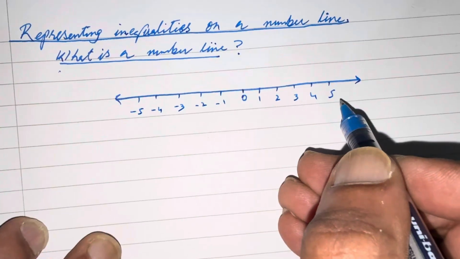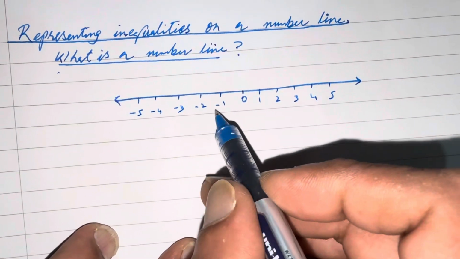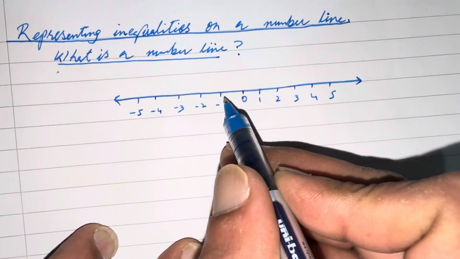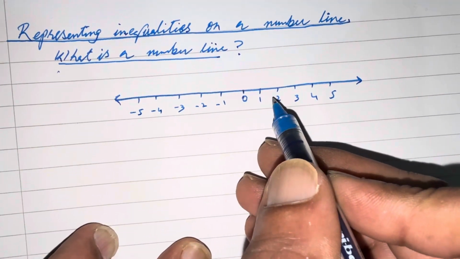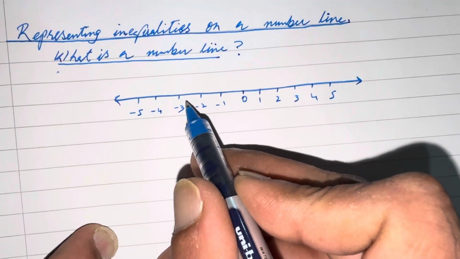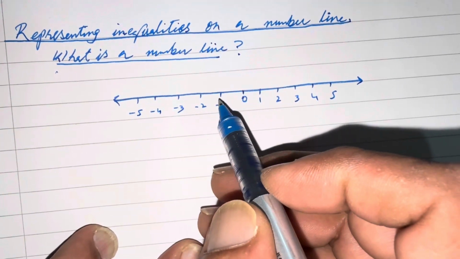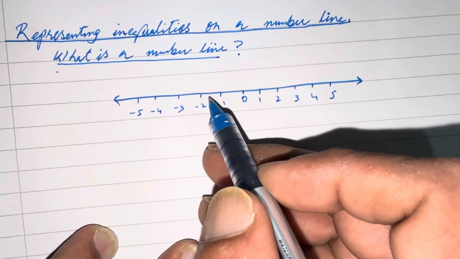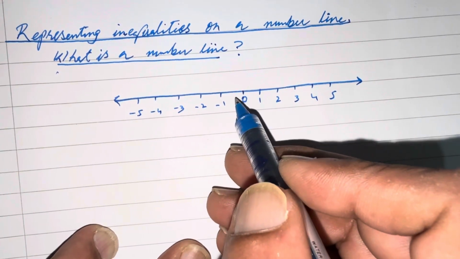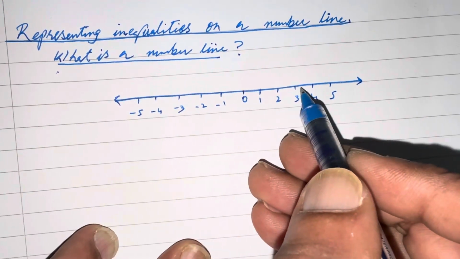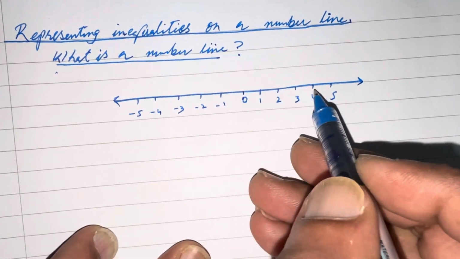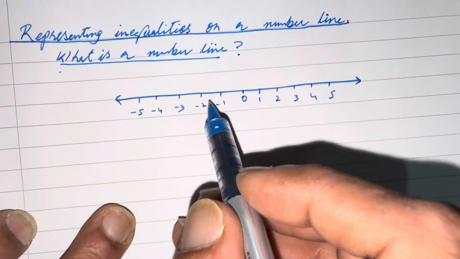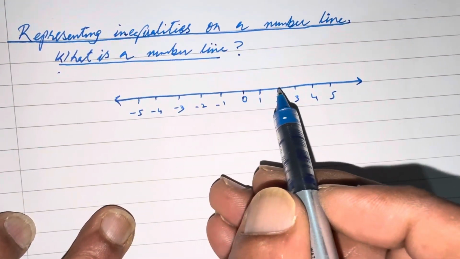That's called the number line, where all the numbers are at equal distance from each other. We are going to find the solution sets of linear inequalities and represent them on a number line. After finding the answer, we will have to represent it on the number line.